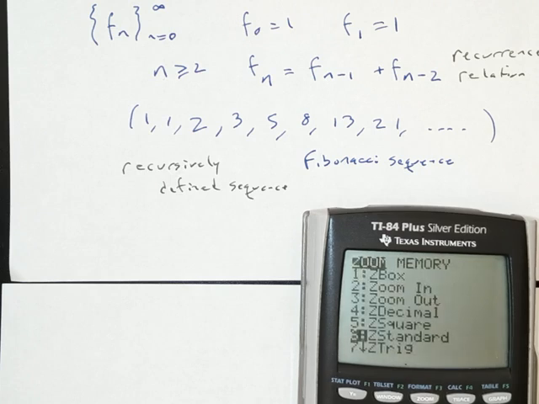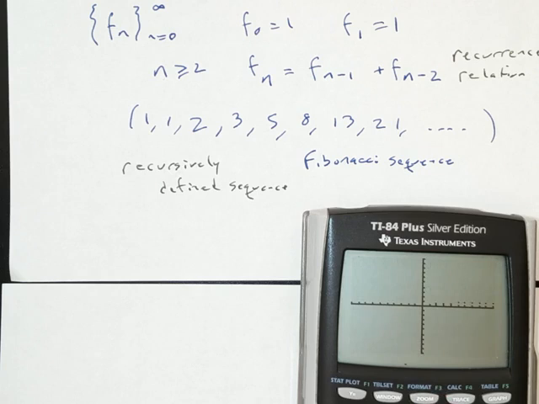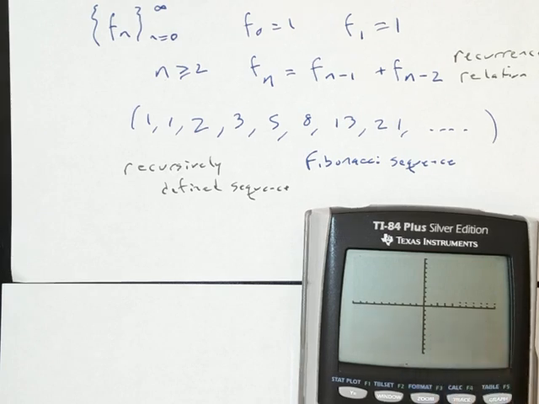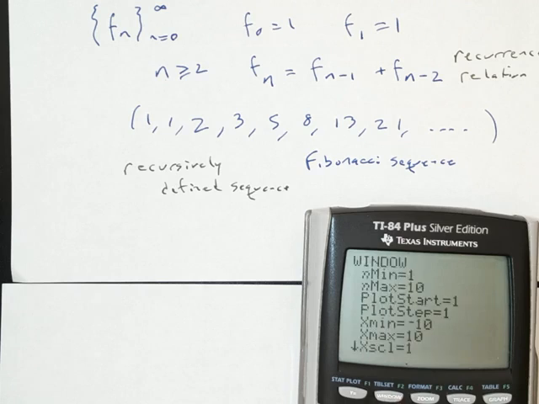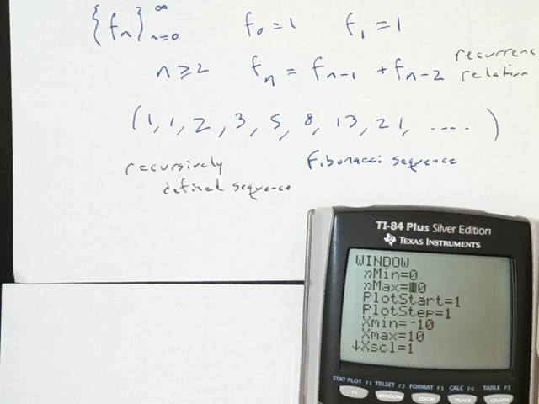Zoom standard. Hey, look, a bunch of dots. Now, it turns out that in our window settings, just like for parametric and polar, we now have a range of n. This says we're going to start, oh, wait, I wanted it to start at 0. Let me start that at 0, not at 1. Its default is 1 to 10.